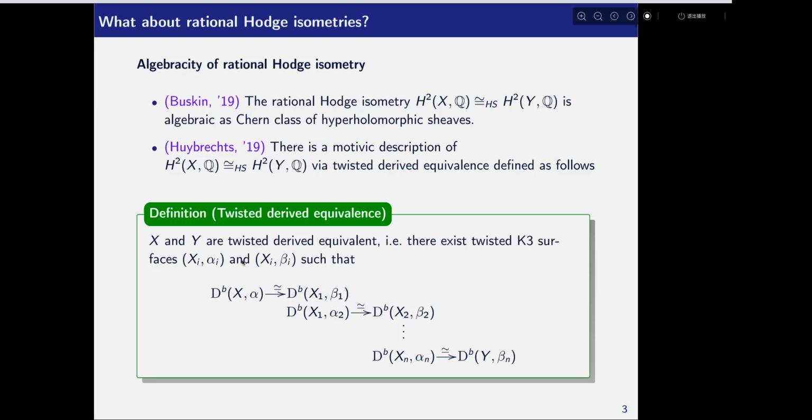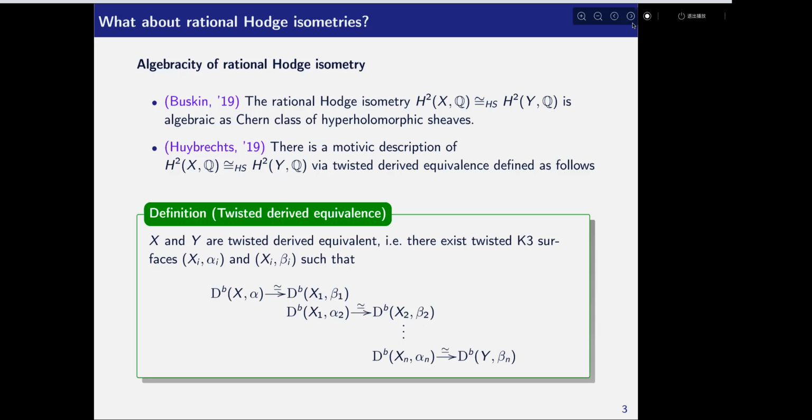Given such a chain of twisted K3 surfaces, it will give a chain to connect X and Y as follows. So basically, (X, alpha) is derived equivalent to (X1, beta1), and there exists some alpha2 such that (X1, alpha2) is derived equivalent to (X2, beta2), and keep going until you end at Y. So this is the definition.